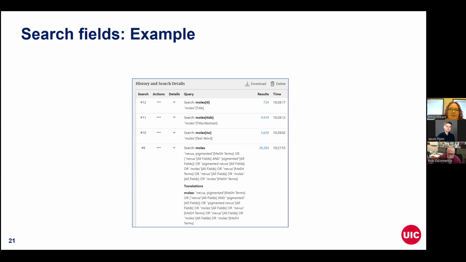It's also searching the words nevus, pigmented, pigmented nevus, mole, nevus, moles plural, and the moles mesh term. So it's getting a lot more in there, and that is why that search is a lot less specific than the other ones where you're using a field tag.